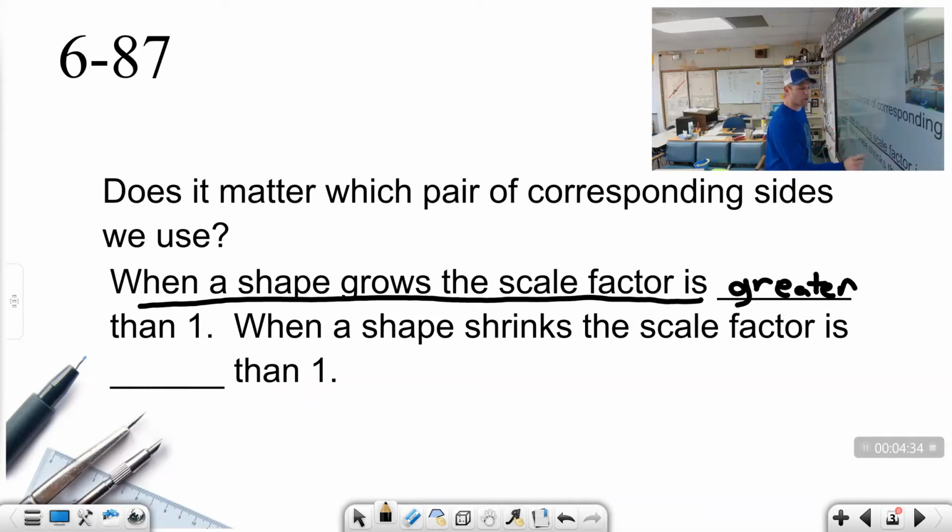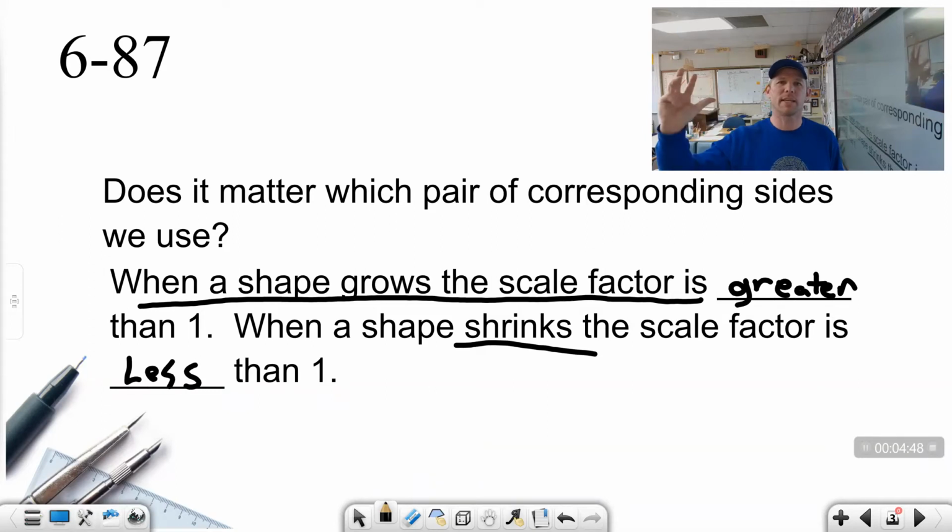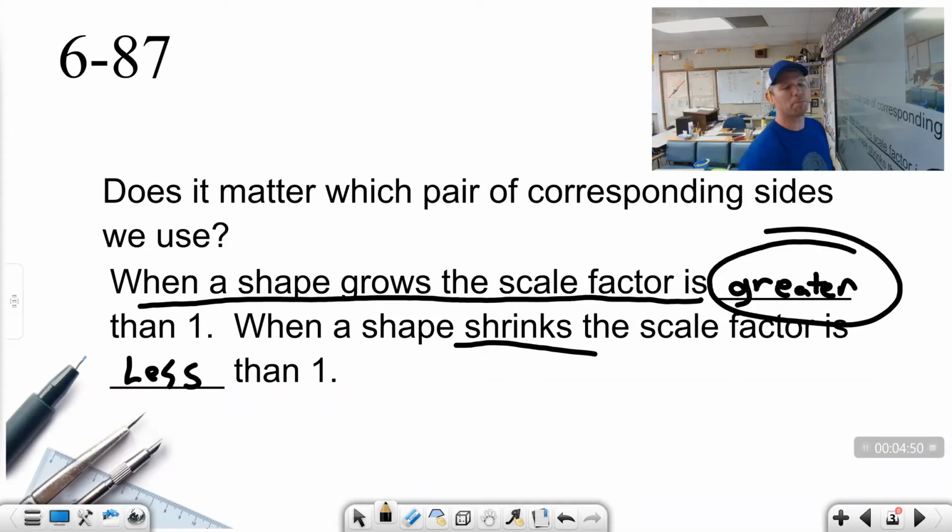When a shape shrinks, it's getting smaller, the scale factor is less than 1. This is a key relationship. When your shape is increasing in size, your scale factor is also greater than 1. When it is shrinking, getting smaller, your scale factor is less than 1.